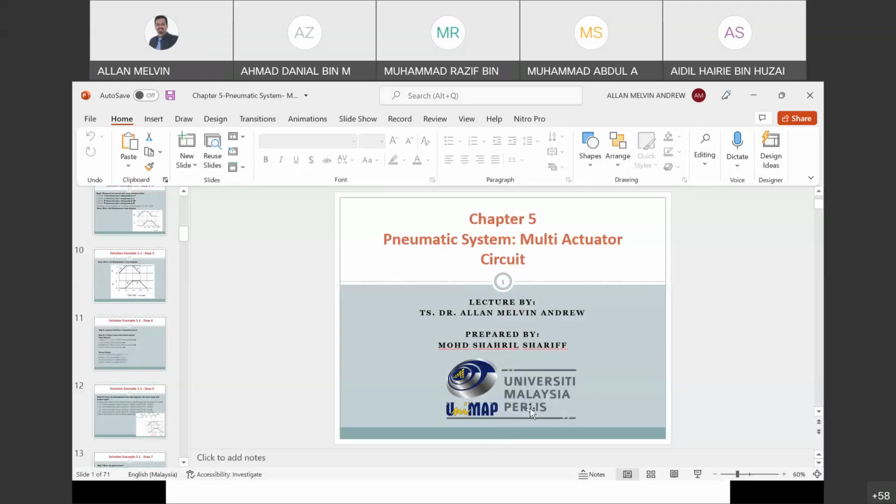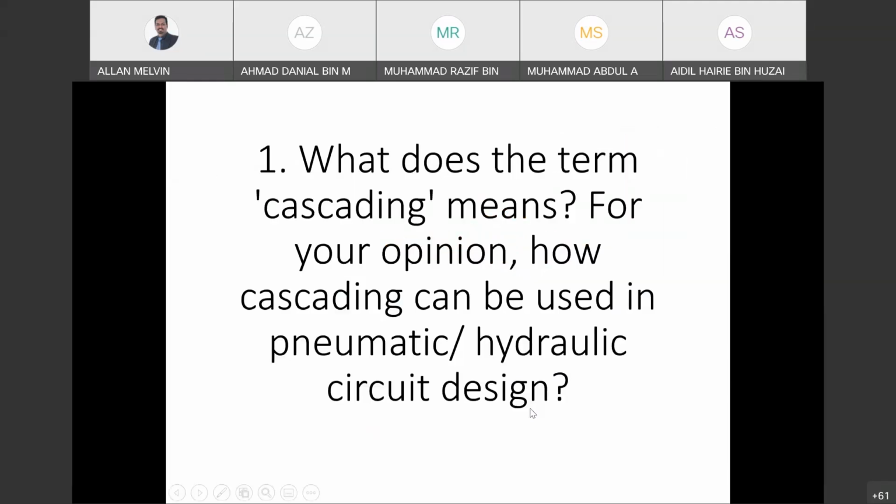What does the term cascading mean? In your opinion, how can cascading be used in pneumatic or hydraulic circuit design? Who can answer?